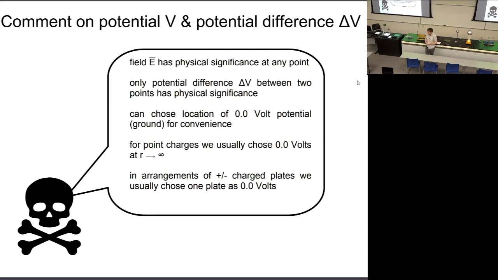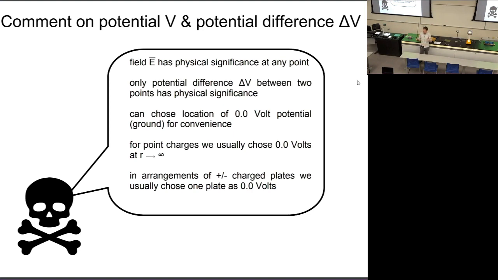At your convenience. For point charges, we normally choose the electrical potential to be 0 volts very far, kind of infinitely far from a point charge, a positive point charge or a negative point charge. We'll imagine that 0 volts is very far away.